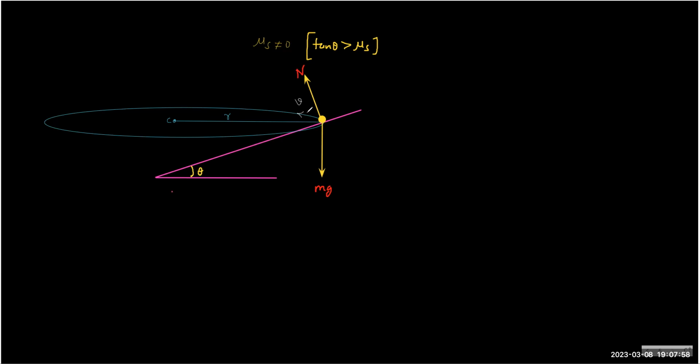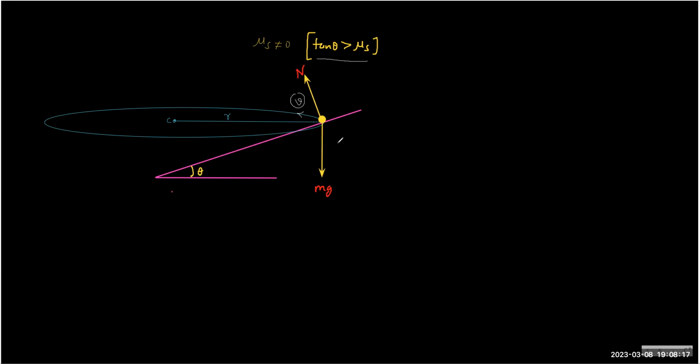So with zero velocity, what is your tendency? To slip down the track, yes or no? Yes, given this condition, with zero velocity, you tend to go down the plane.